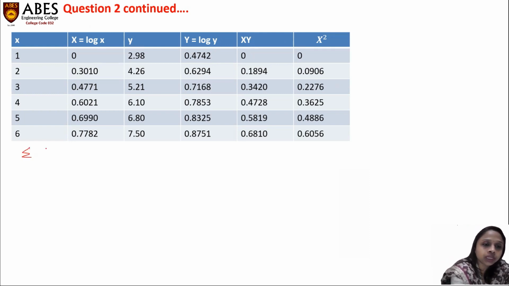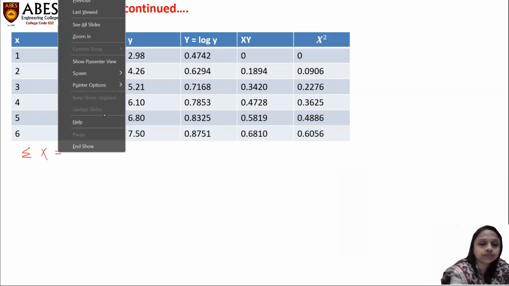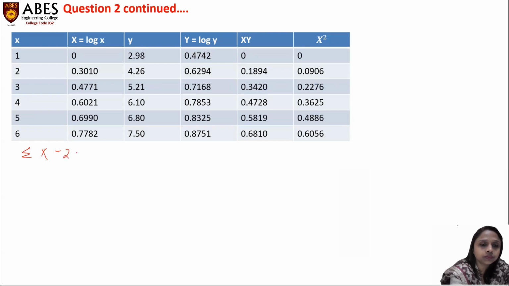For that, we need summation X, which comes to be 2.8574. Summation Y, which comes to be 4.3133.